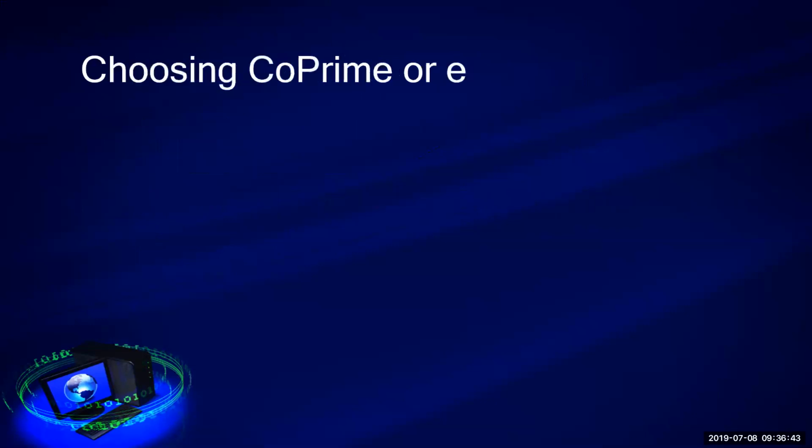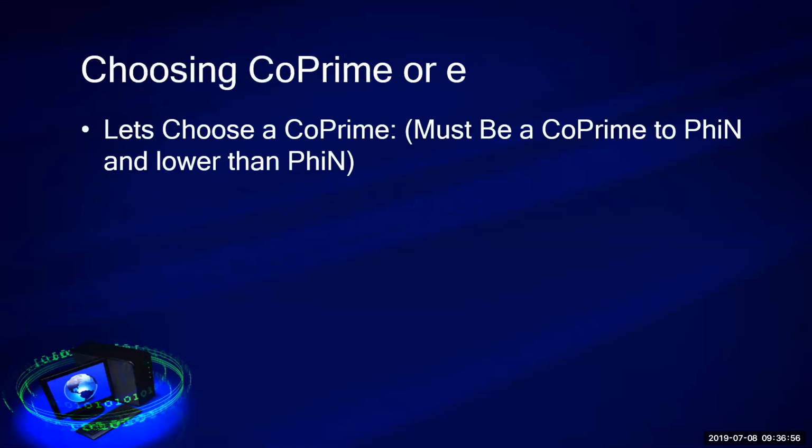So choosing a coprime. This is one of the other variables used to encrypt it. This is the other part of the public key. We need to choose one, and because we now have phi n, we can actually check the criteria. Now you can choose whatever coprime you want. However, it must be coprime to phi n, and it's got to be lower than phi n.